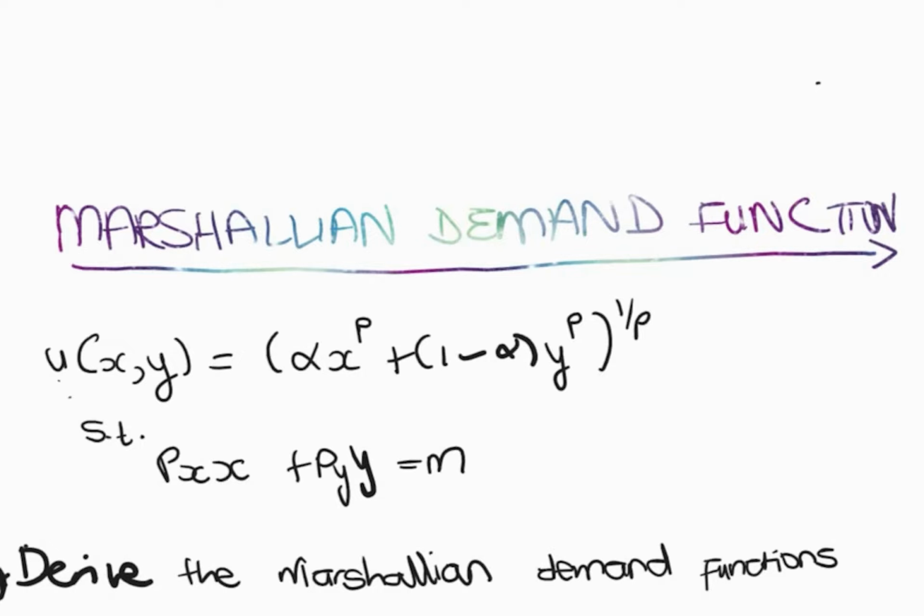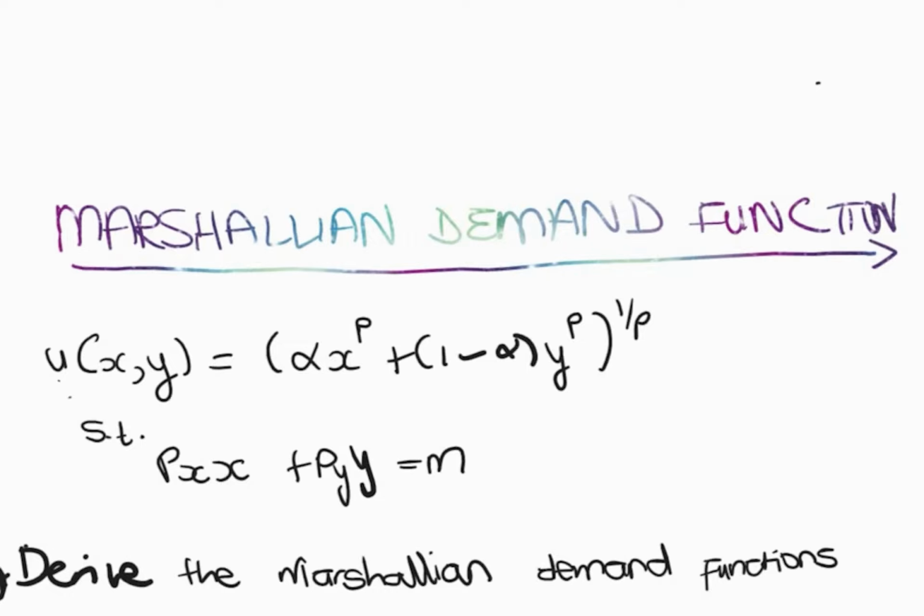So before we get started with the derivation, I just want to explain why we derive the Marshallian demand function to begin with. In this specific example, you've got an agent that makes an income, or let's say gets an allowance, and faces a budget constraint.